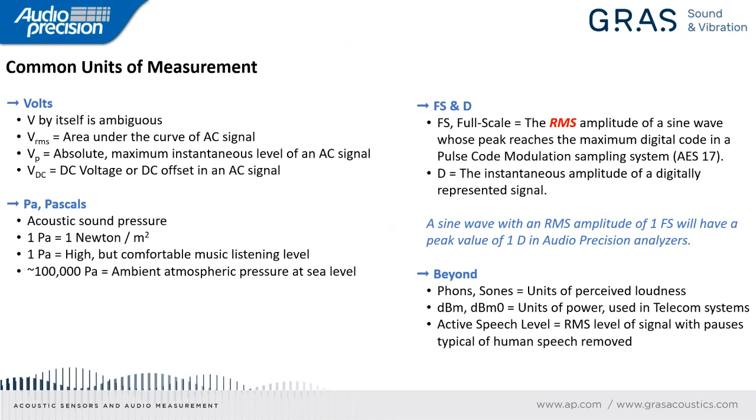So as I was showing you on that screen, a digital sine wave with an RMS value of 1 FS will have a peak value of 1 D in Audio Precision APx analyzers.